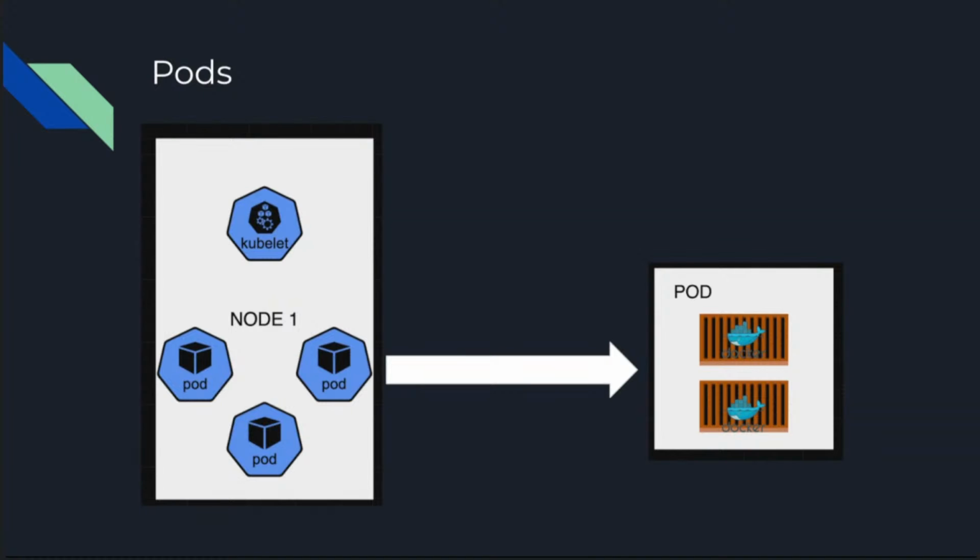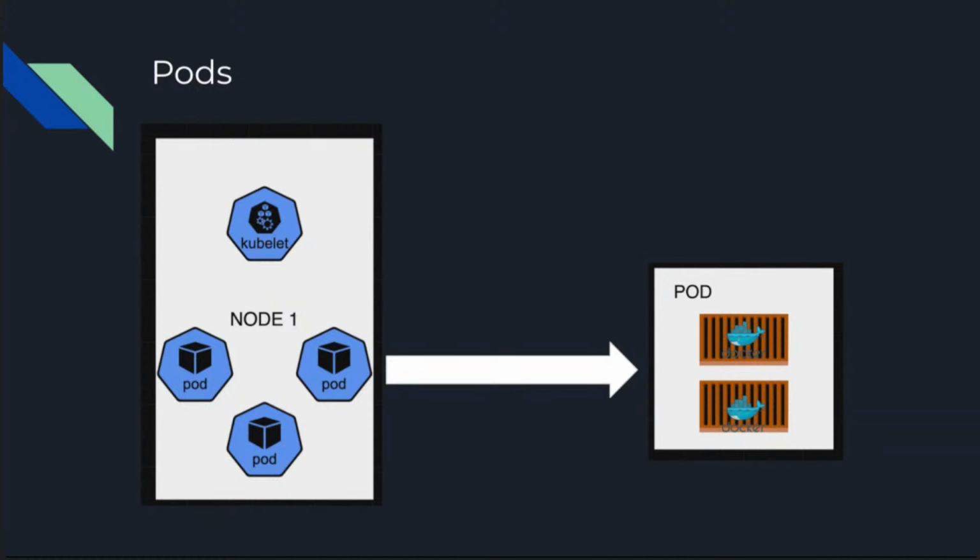So can we say the node is a server? Yes. In one server, how many nodes can we set up? In one node, how many pods can we set up? In one physical machine, well, with virtualization, you can set up as many nodes as you can.